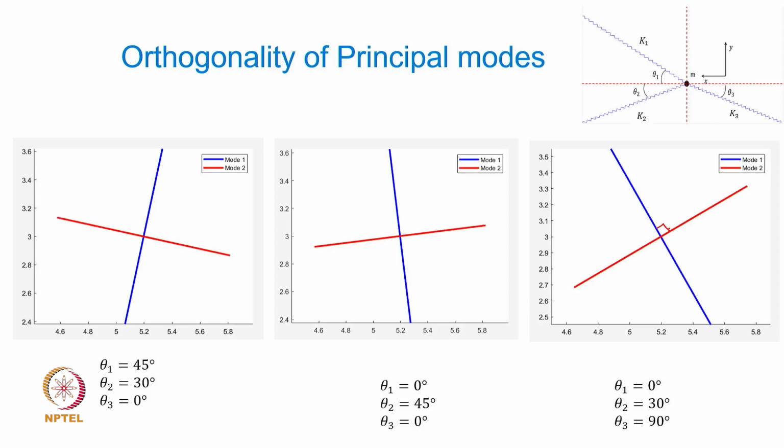But in general we can say that all the modes that you get are orthogonal to each other, and the meaning of that is, if the system is executing normal mode vibration at a particular natural frequency or eigenfrequency, then the displacement pattern of the other mode does not interfere or contribute to that motion. That motion is pure in that particular mode of vibration.